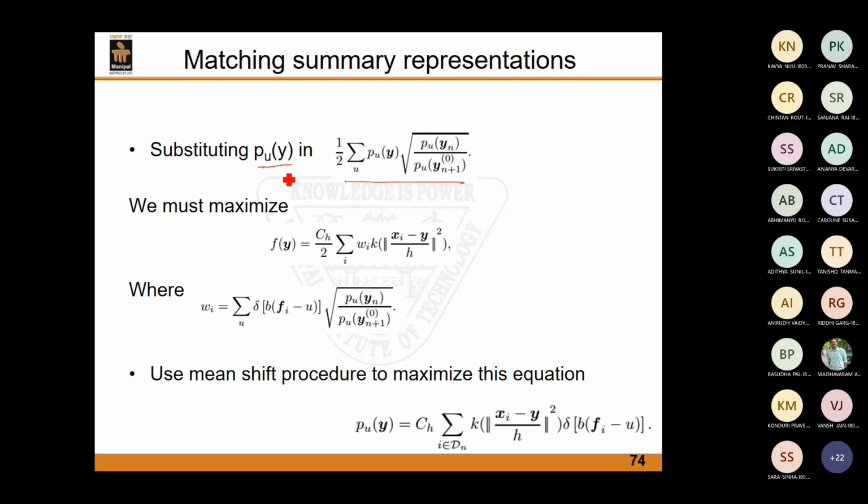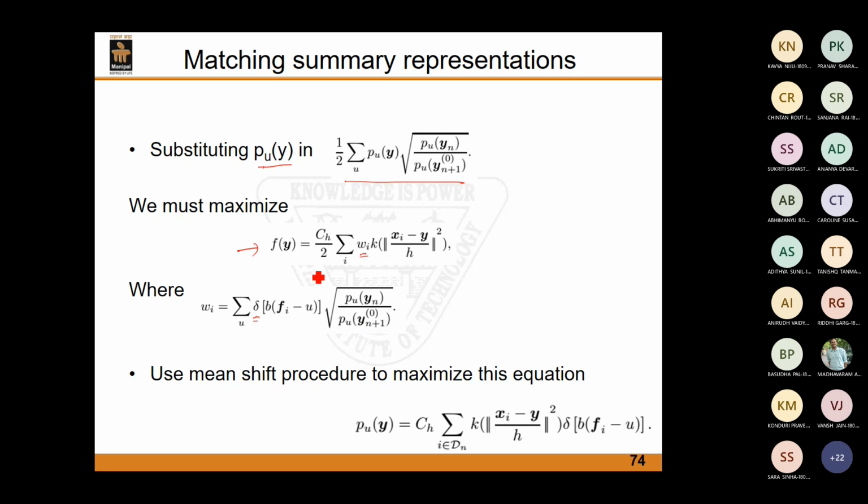So if you substitute the equation that you got for p_u of y in the previous slide into this particular equation, after simplification you will get f of y equals C_h by 2 sigma w_i k, where this w_i is given by the delta function times this particular square term that you have.